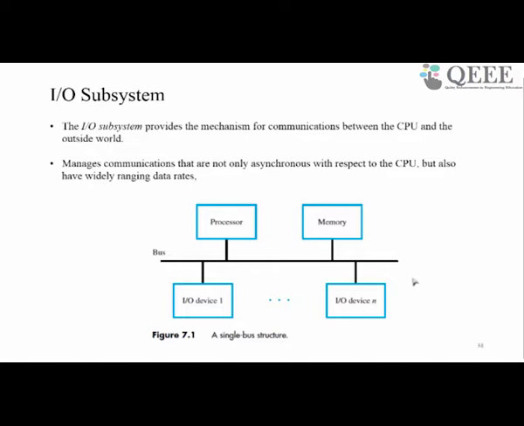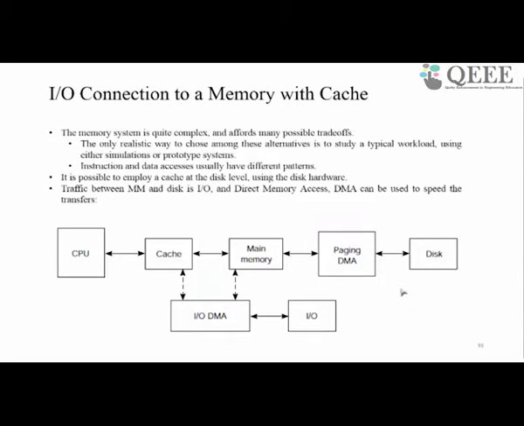This is the structure of the I/O subsystem. Our idea is to manage the interaction between the I/O devices and the memory with the help of the processor. The main problem is that we have I/O devices which want to read or write data from the main memory. So how do you make it happen?